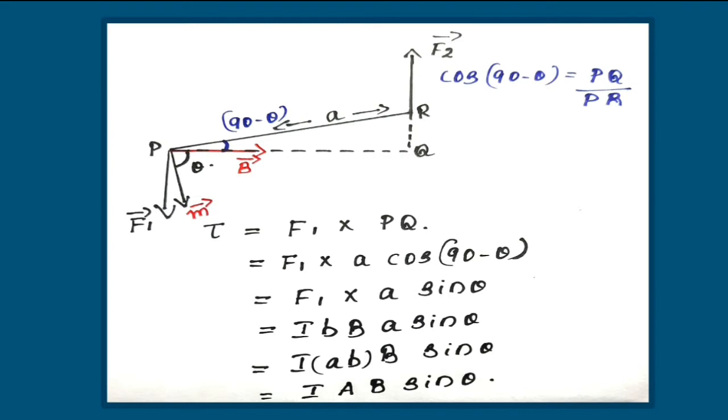We know the side PR in that triangle is the side length a, because the loop is kept in that orientation, so the line joining the midpoints of the two sides comes as a. So PQ from that triangle we need to find.